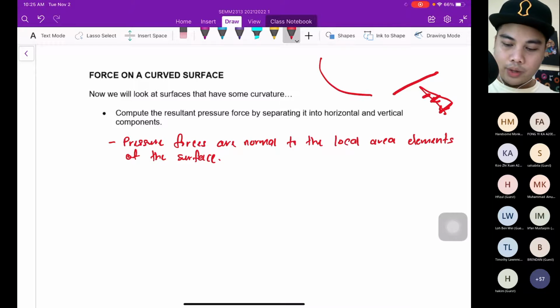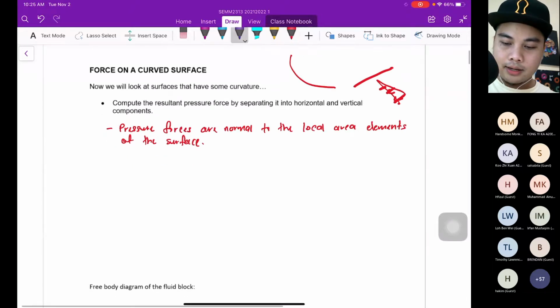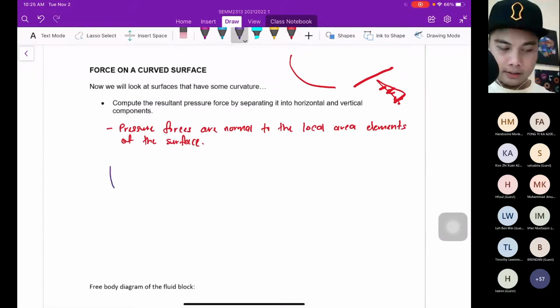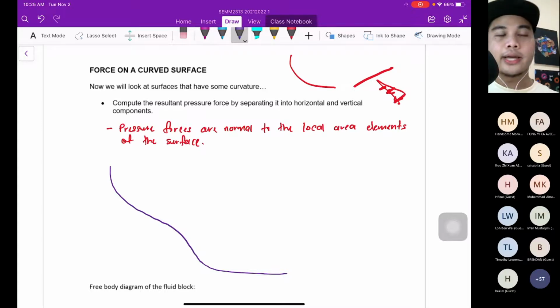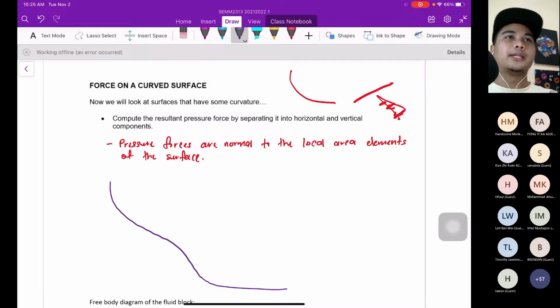Let's see. We have the curvature like this. The first step how to solve this, you must know how to make the projection.